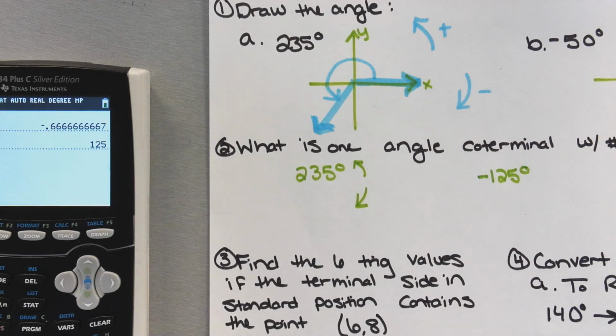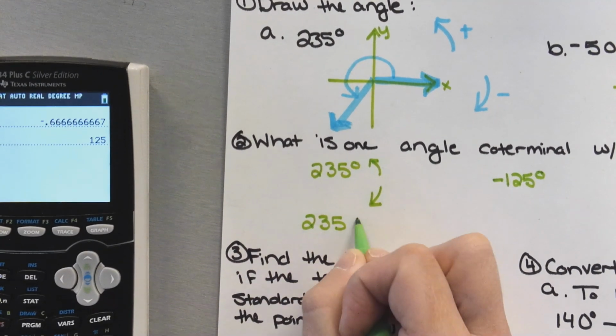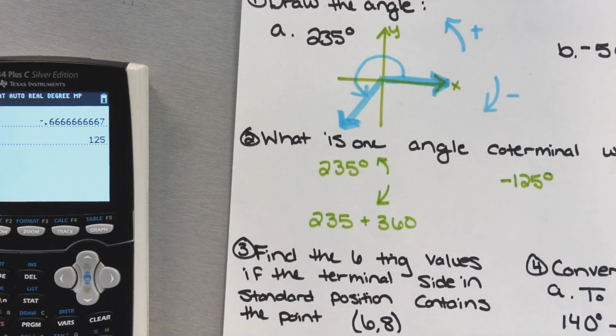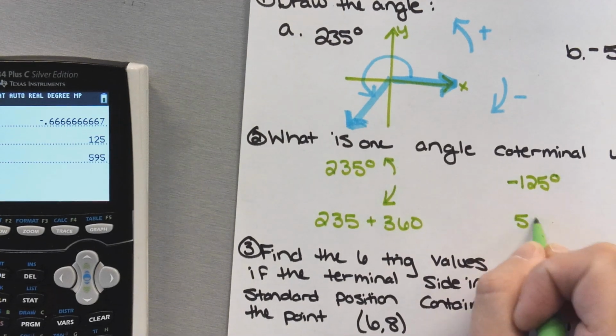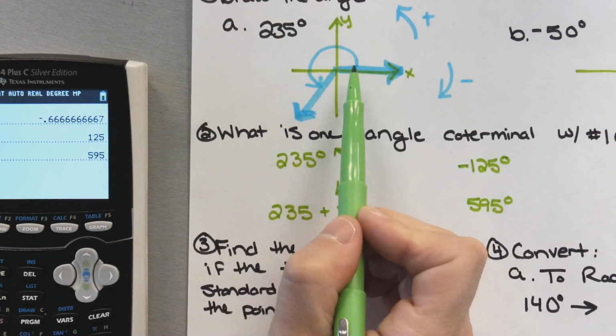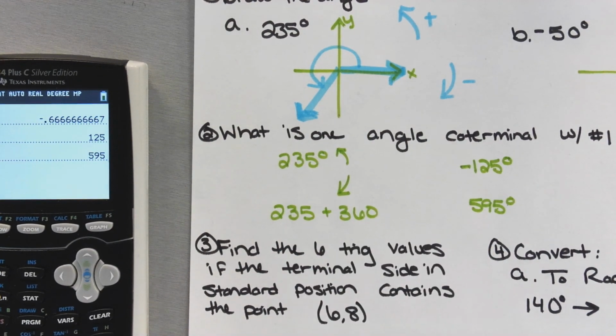Could we also think about doing an extra rotation and take our 235 and add 360 to it? Yeah, so if I do 235 plus 360, that gives me 595 degrees total. And that one would be positive, because that would be me going around once and then going to the location.